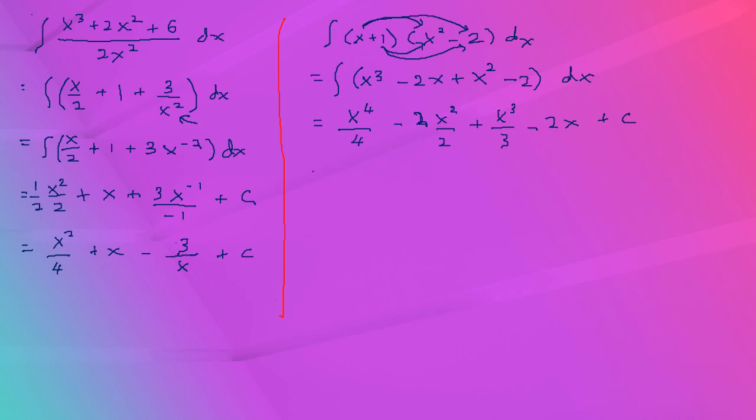Then we can simplify this one, we get x to the power of 4 over 4, minus x squared, plus x to the power of 3 over 3, minus 2x, plus c.